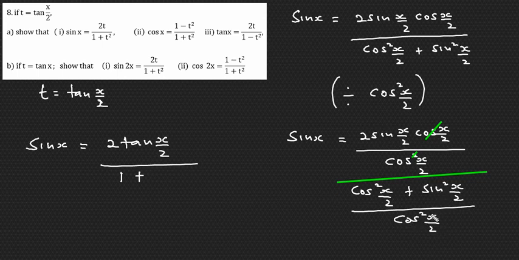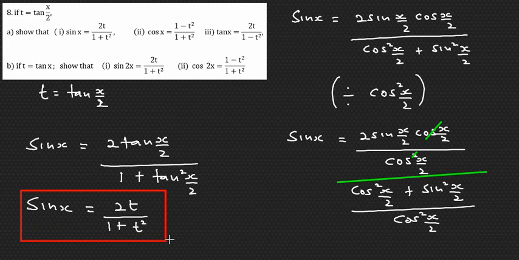Sine over cos is tan, so this is going to be tan squared x by 2. So now from here we shall put a t where it is tan x by 2. So our sine x is going to be 2t over 1 plus t squared, and this is what is required.